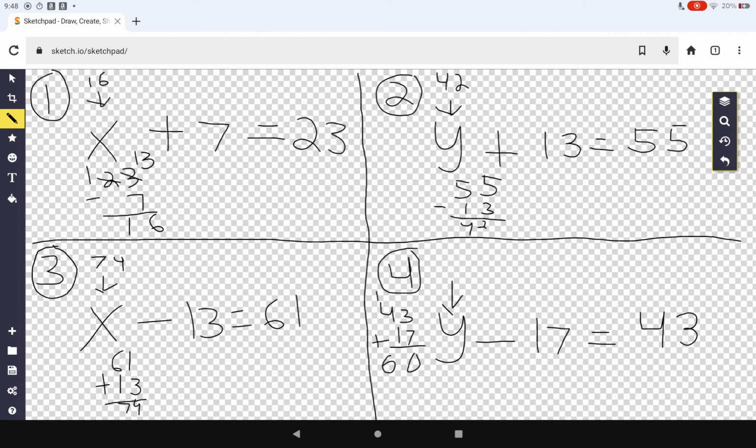So y would equal 60, and if you did 60 minus 17 as a normal equation without the variables, it would be 43.